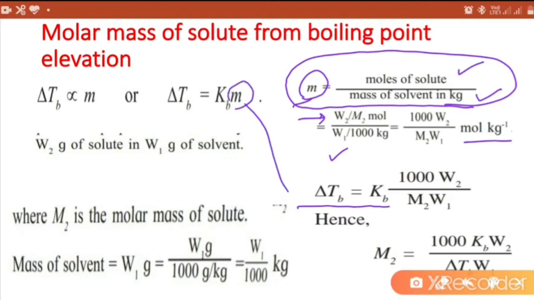This value of small m is substituted in the equation, and we get delta TB is equal to Kb into 1000 into W2 divided by M2 into W1. Hence the molecular weight is calculated by using the formula M2 is equal to 1000 Kb W2 divided by delta TB W1.